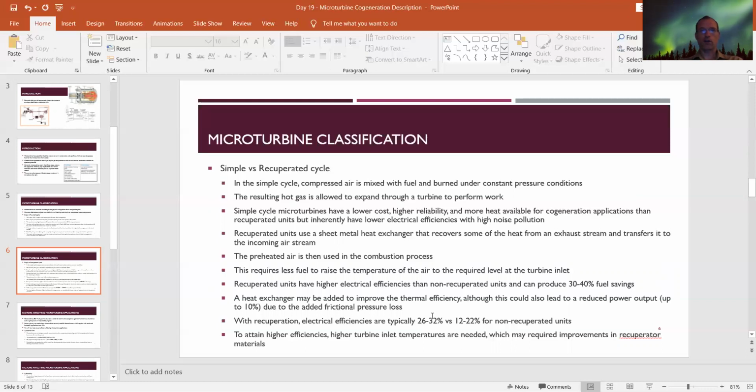Recuperated units are the ones we saw a few slides ago. They had those heat exchangers in them. So you have a sheet metal heat exchanger, and that's going to recover some of the heat from the exhaust streams coming out of the turbine, instead of having all that exhaust heat lost to the atmosphere. You put it through a heat exchanger, and that's going to help you heat up the air so the compressor doesn't have to do as much work, essentially.